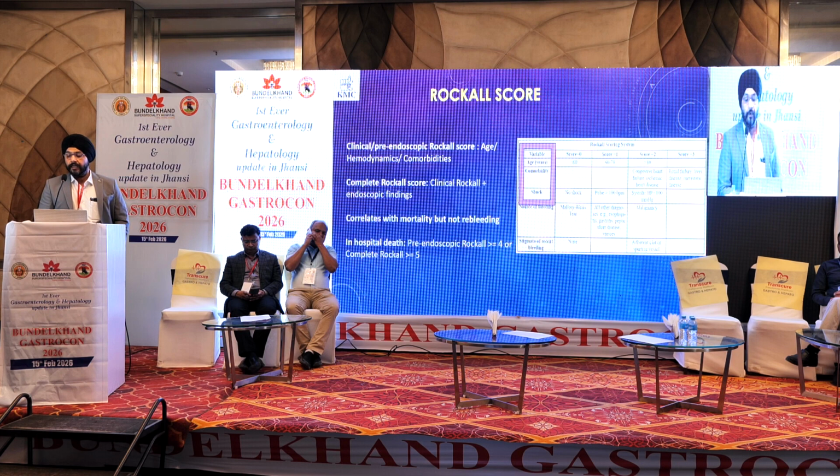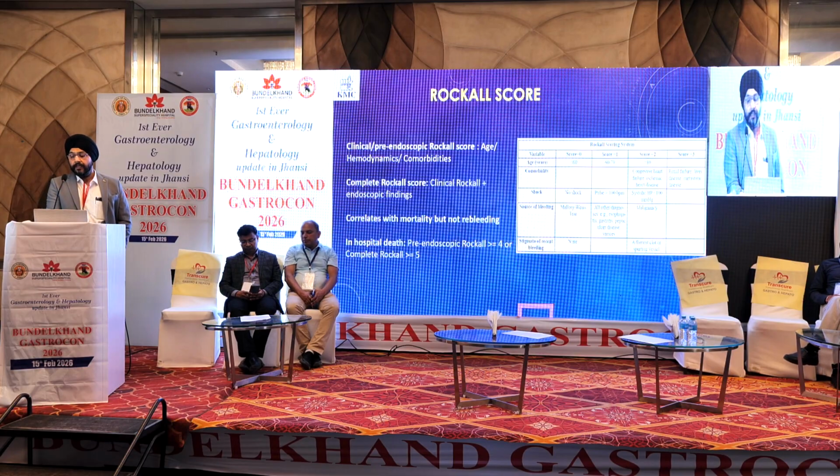If the patient is older than 80, the score is 2. If the patient has heart failure, renal failure, liver disease or metastatic disease, the score is 3. If the patient is in shock, again a score of 2. The score takes all these things into account, and it is completed after we do endoscopy, when we can find out the source and cause of bleed.